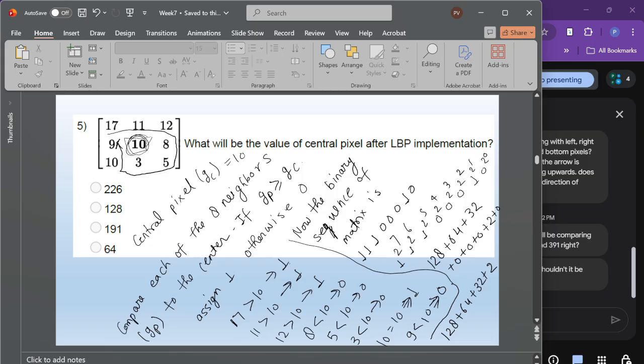If you add all these values, you will get 226, right? You can calculate it. So you will get 226. If you check the options, you will see this option is the correct option. So after implementing the LBP, the central pixel value you will get is 226.